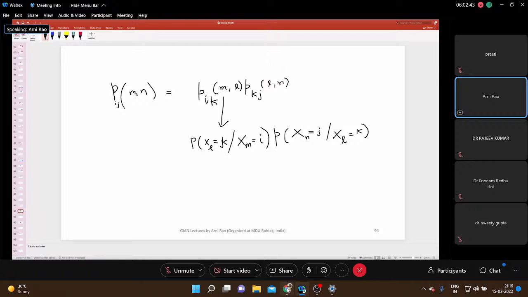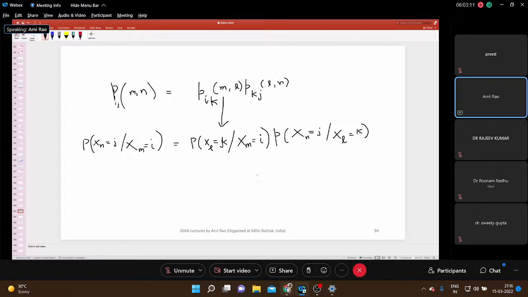Now on the left hand side, P_ij(m,n) means the probability, given that X_m equal to i, that it started from i, where the suffix is a state and here is a time, and then reached X_n equal to j. So the probability of occurring this j.